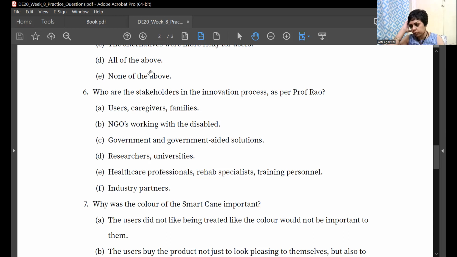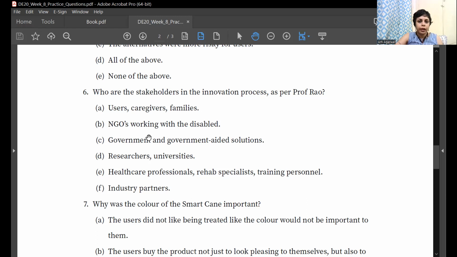So if you're designing, say, something for somebody who's diabetic or somebody who has a heart condition or somebody who needs to use an artificial limb or somebody who has some other kind of problem, like we were talking about muscular dystrophy in the previous module, when you're designing medical devices or some product for somebody with a very special kind of condition or specific health requirements, then you definitely need to talk to the concerned healthcare professional, because many times the users themselves will not know some medical or technological aspects of a product, which only a healthcare professional can tell you.